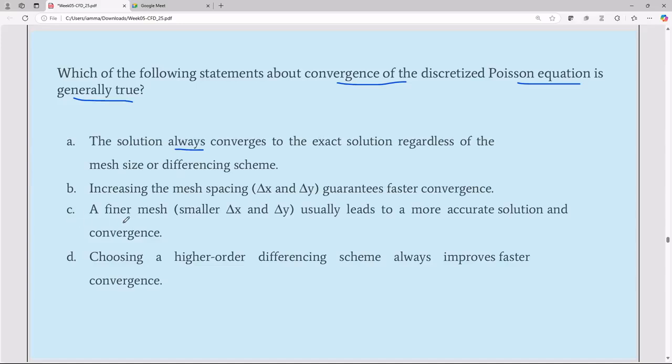Option C, a finer or smaller delta x and delta y usually leads to more accurate solution and convergence. Option D, a higher order differencing scheme always improves faster convergence. So which among the following is true about the convergence of a discretized Poisson equation? You can inbox your answers.